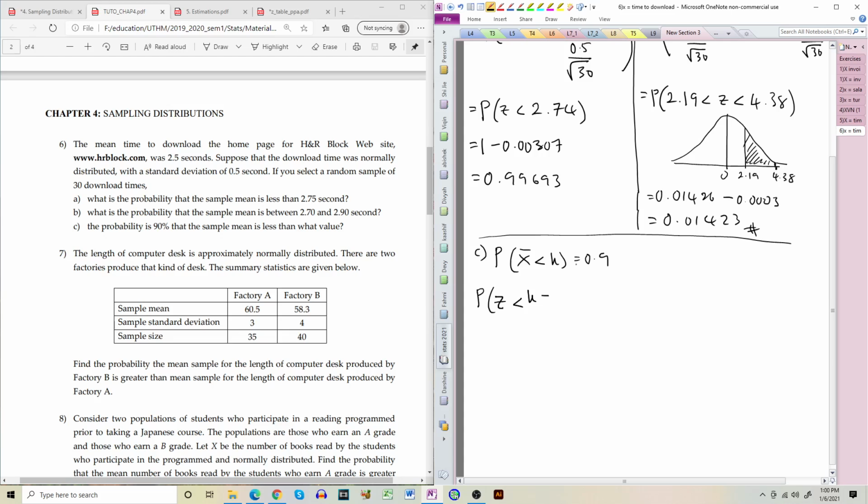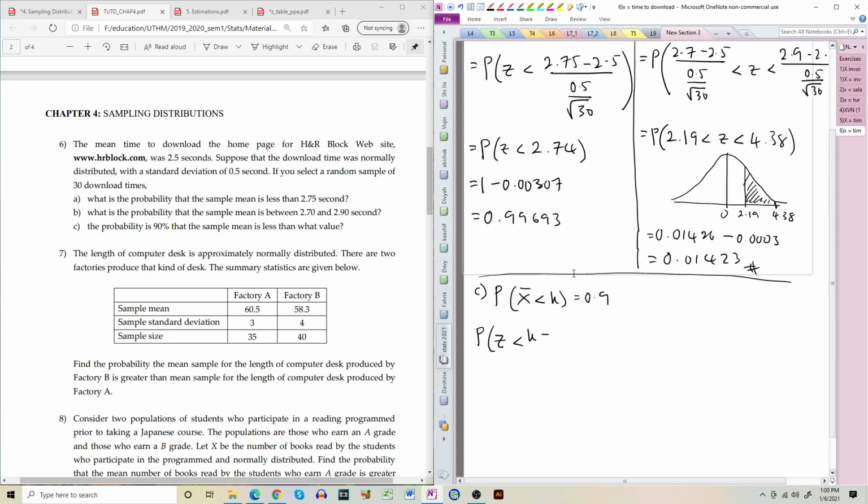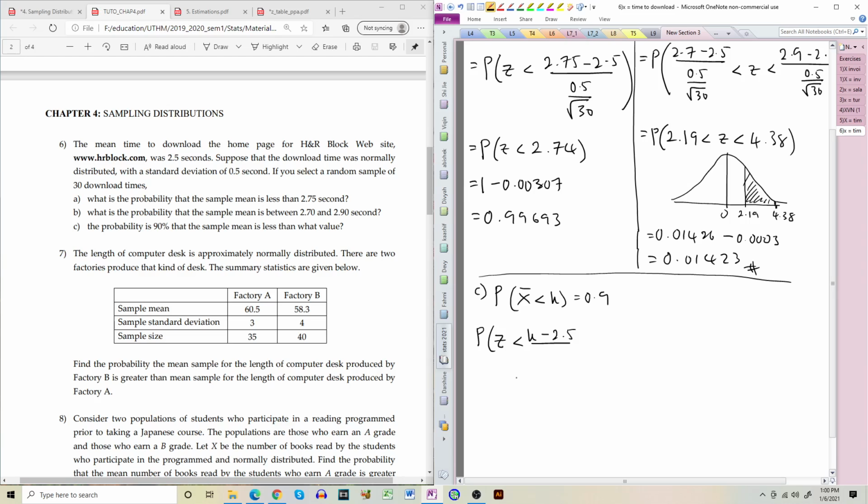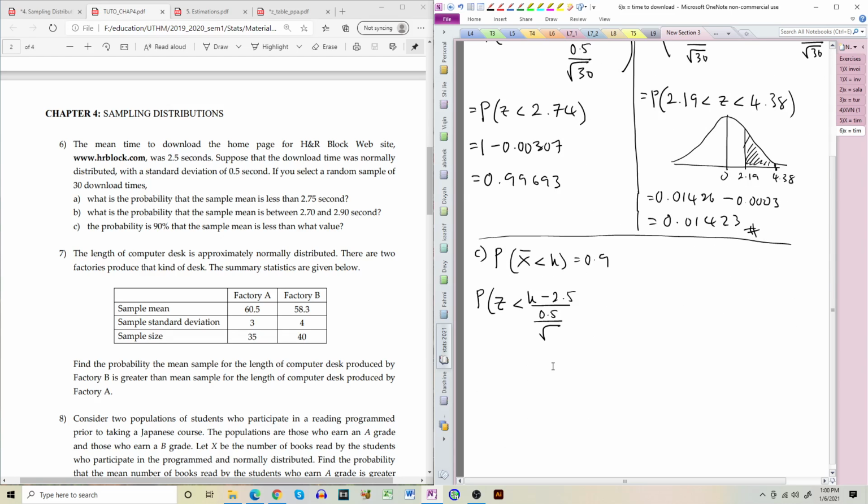K minus, what was the value just now? 2.5. Divided by 0.5, n is 30, equal to 0.9.